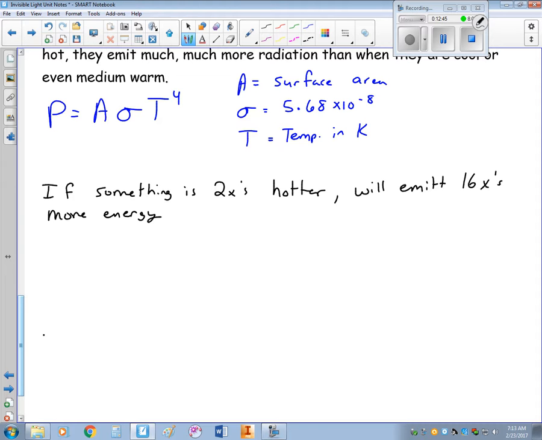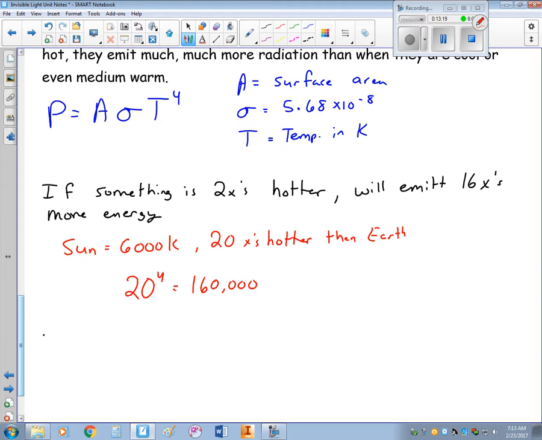Now the sun is around 6,000 Kelvin. And that's about 20 times hotter than the Earth. So if I do 20 raised to the fourth, gives me 160,000.